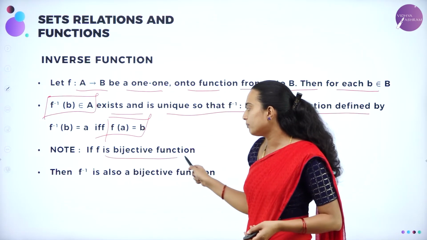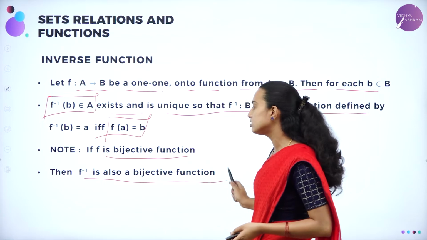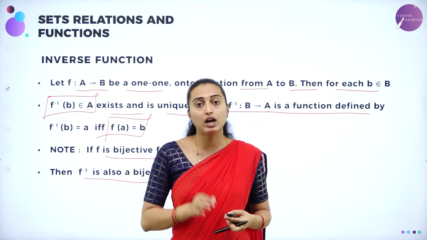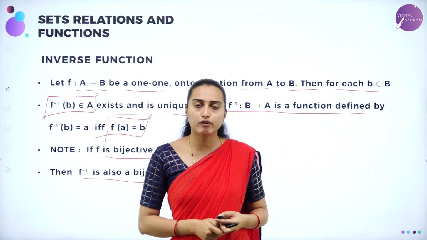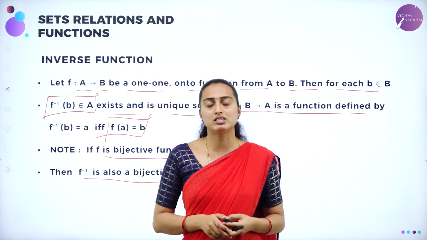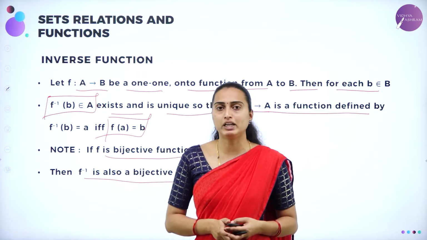Note, if f is a bijective function, then f inverse is also a bijective function. An invertible function must always be a bijective function. Bijective function means it must be both 1-1 and onto. Then only can we say that an inverse automatically exists.